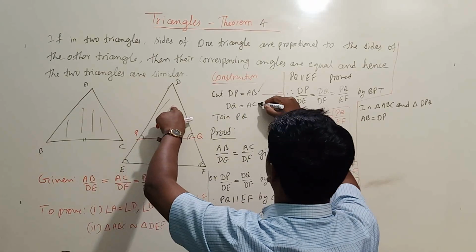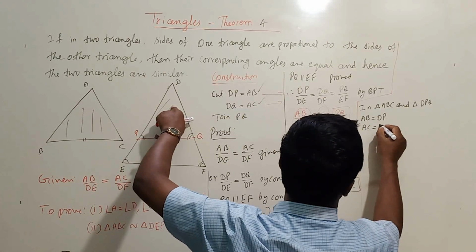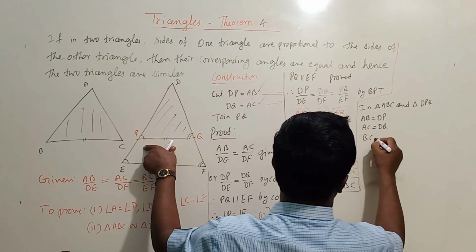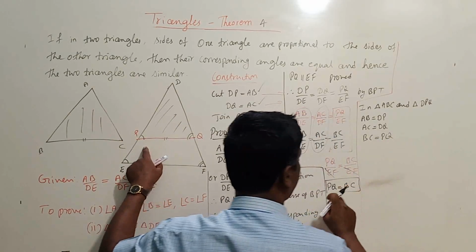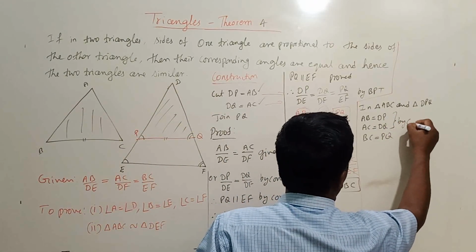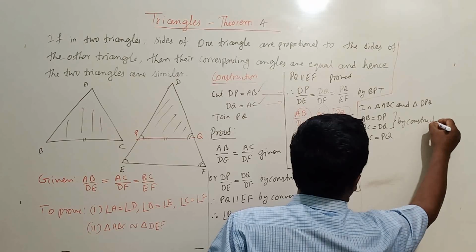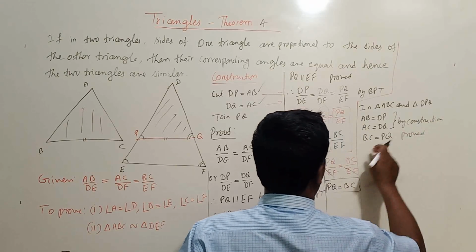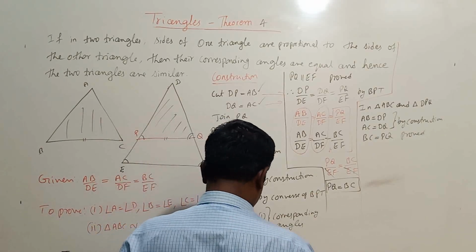AC is equal to DQ by construction. BC is equal to PQ, proved. Right? So these two are by construction. Alright. And this one is proved. So what are you going to write here?